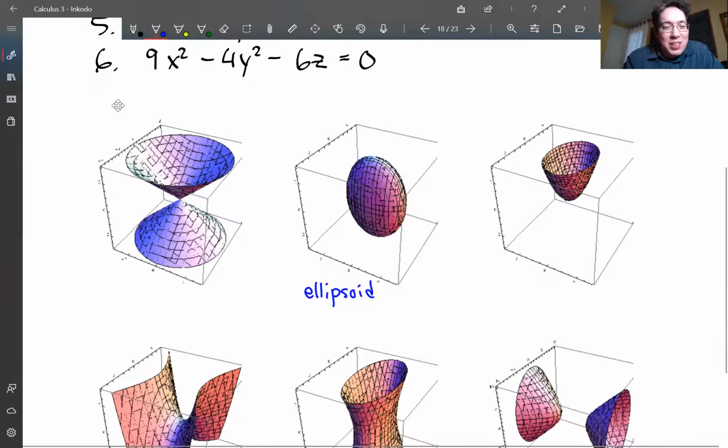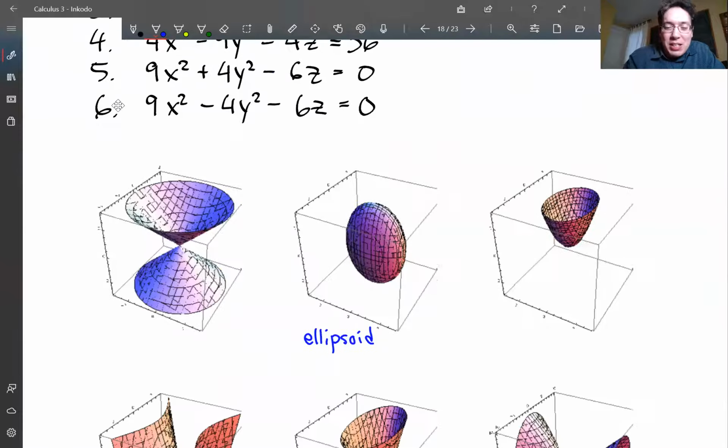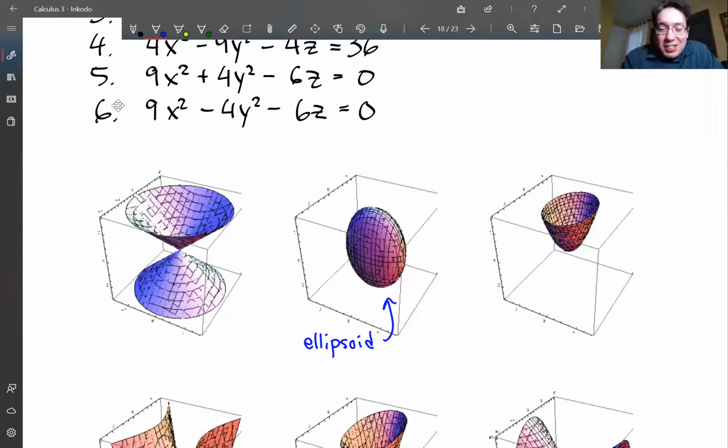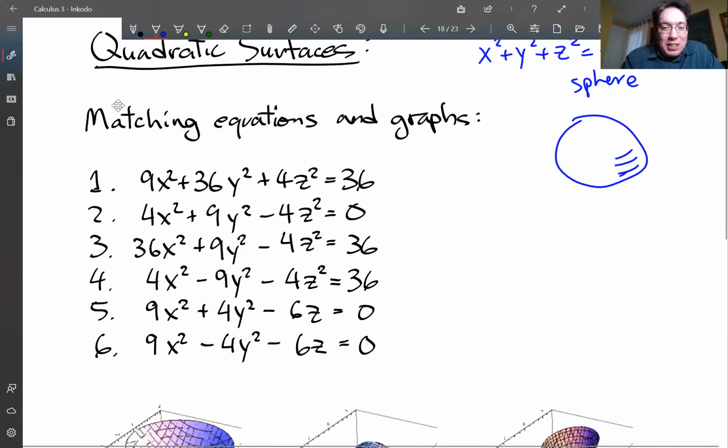And some of these sound funky, so maybe you enjoy knowing the name. So this is an ellipsoid. And you might guess that, well, you know, the formula for an ellipse and circle is similar. So maybe the formula for a sphere and ellipsoid is similar. And that might be a good place to start.